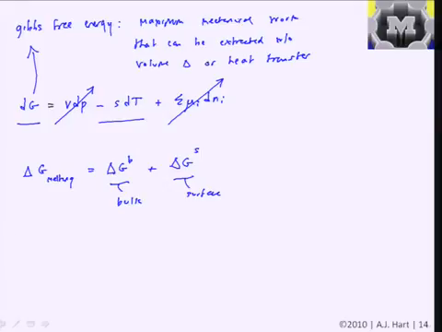So first for delta G bulk, we want to define the difference between the second state and the first state, so the molten state or the liquid layer state and the solid state.